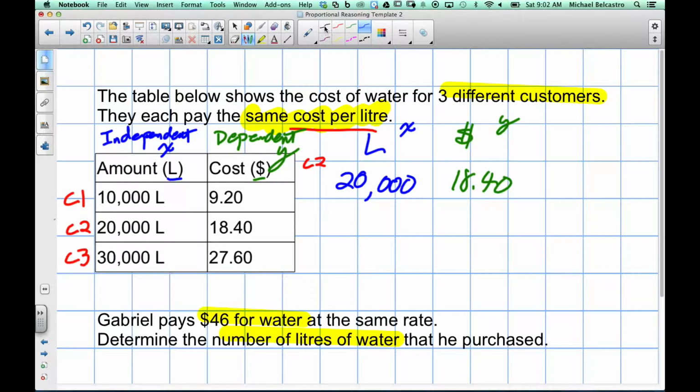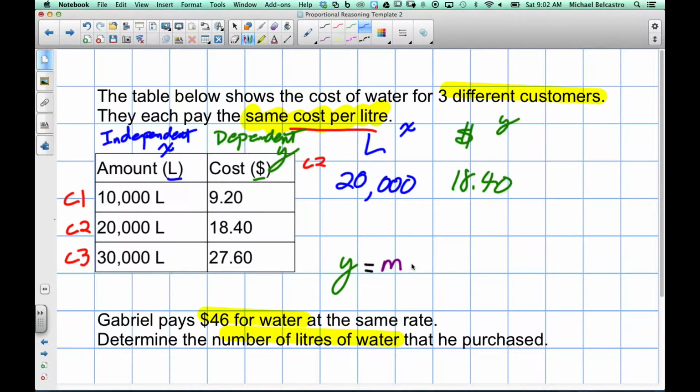So we have a directly proportional relationship, which means if we're going to build an equation, it's going to look like this. We're going to have y is equal to m, which is our rate, times x. Okay, and actually we'll color these to help us out. So we know our dollar value is our y, and we know that our liters are our x.